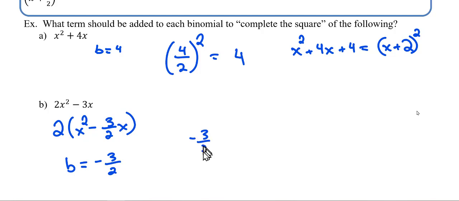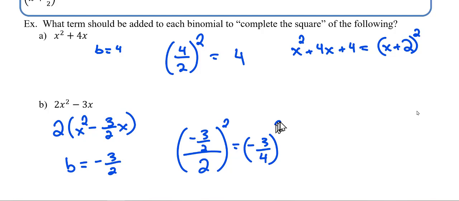When we take that number and divide it by 2 and square it, remember dividing by 2 is the same thing as multiplying by 1/2. So that's actually negative 3/4 squared, or 9/16.